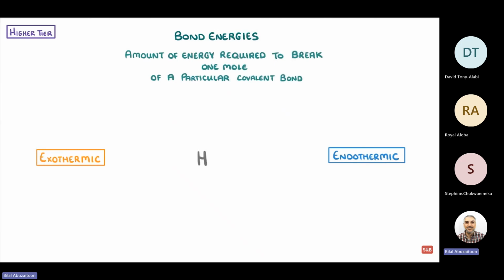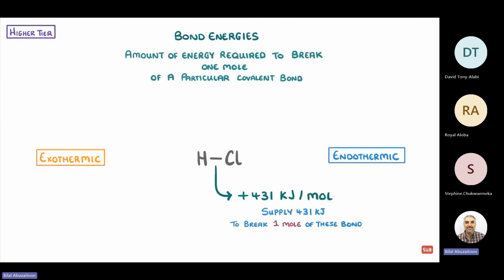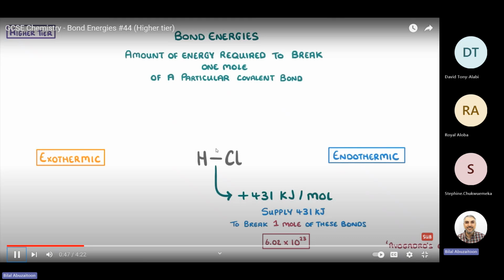So if I had an atom of hydrogen bonded to an atom of chlorine and said that the bond energy was positive 431 kilojoules per mole, that means we'd have to supply 431 kilojoules of energy to break 1 mole of these bonds. And remember, 1 mole would be 6.02 times 10 to the 23 bonds, which is Avogadro's constant.